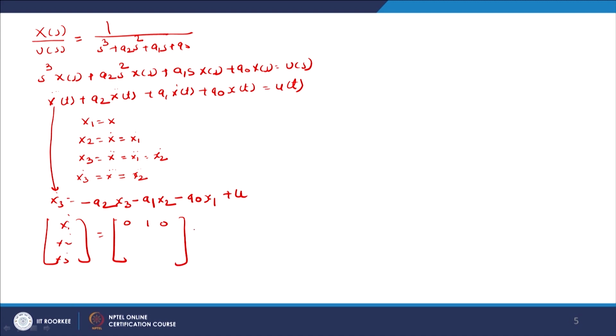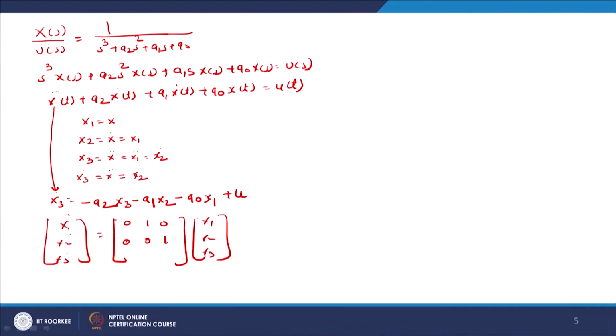So we write it with x1 x2 x3. What is x2 dot? x2 dot equals x3. So we write 0 0 1, and what about x3 dot? x3 dot we write as, you just see here, minus a0 minus a1 minus a2, plus 0 0 1 times u.